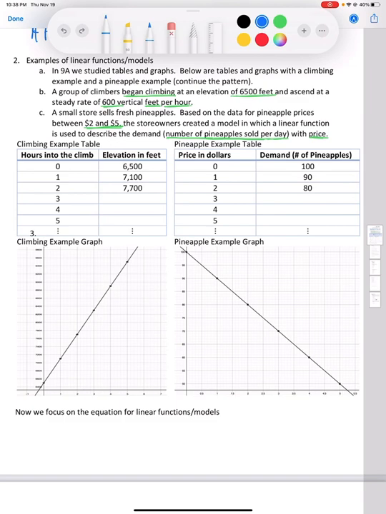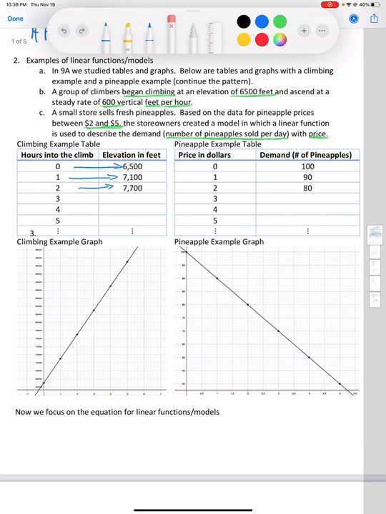At 0 hours, they're at 6,500 feet. At the first hour, they're 600 feet higher, so that means they're at 7,100 feet. At the second hour, they're at 7,700 feet. Notice that each time I'm adding the same amount.